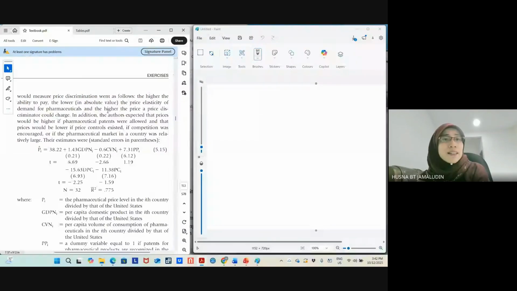And the higher the price a price discriminator could charge. It means that if you have purchasing power, regardless of whether they charge you a higher price, you will still pay for it. That's why they say this income per capita can measure price discrimination.